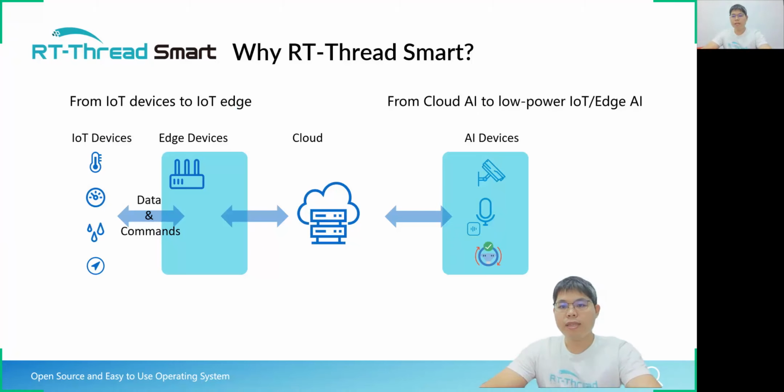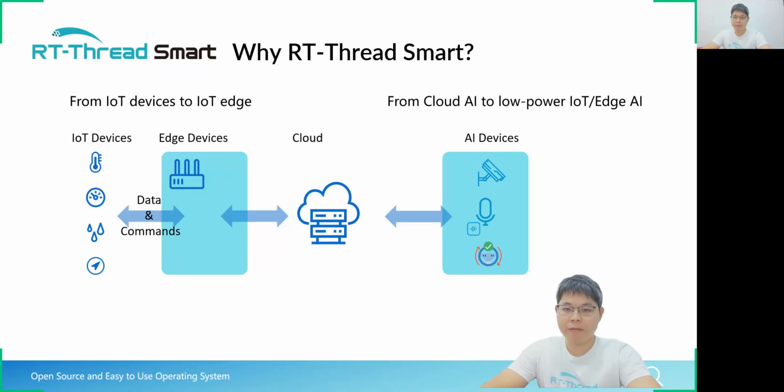With the development of edge computing, more and more IoT device data will be collected at the edge and sent to the cloud. Then the cloud or server will do the data processing and data analysis, and send the result to the edge device. On the other hand, AI is gradually moving from PC servers into embedded devices.